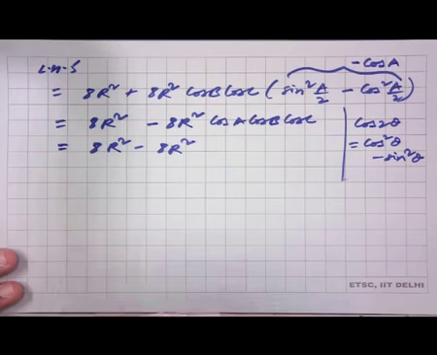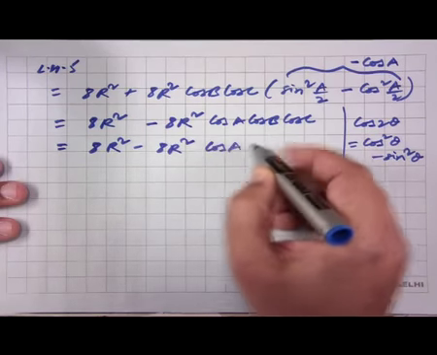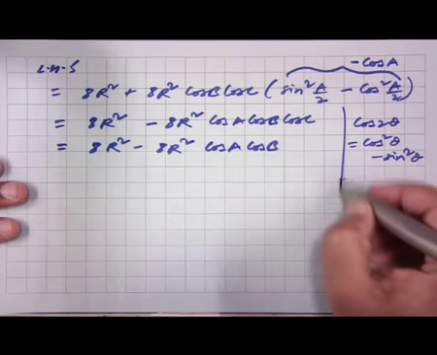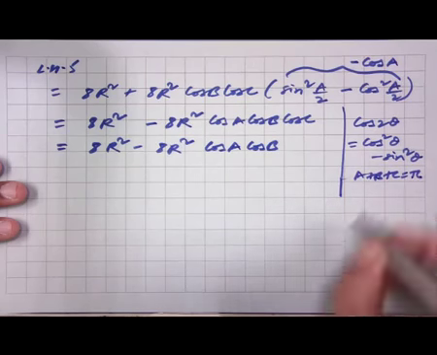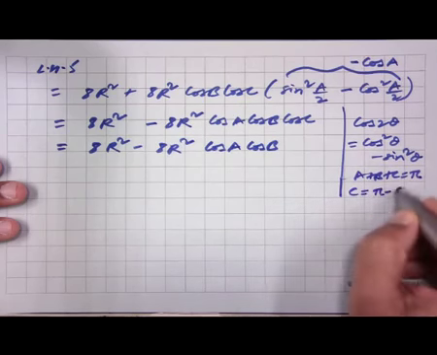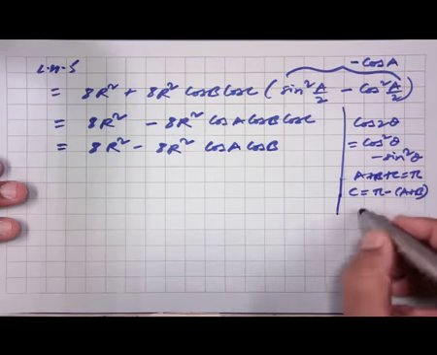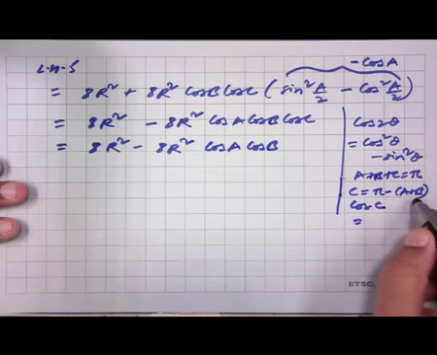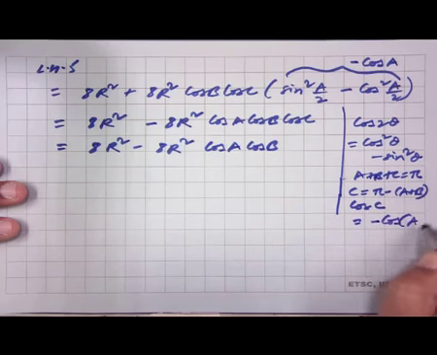And this can be further written as 8r square into, so cos c, because a plus b plus c is pi, c is equal to pi minus a plus b, and therefore cos of c is cos of pi minus a plus b, which is minus cos a plus b.